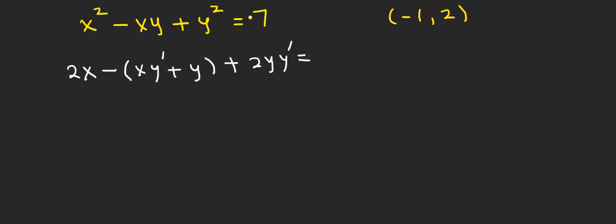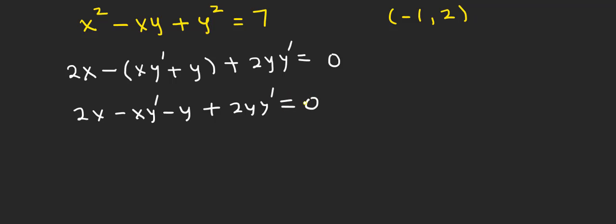equals, and what is the derivative of 7? That's just 0. So now we need to have y prime by itself. So you get 2x, distribute the negative, and let's have all the terms that have y prime on one side, all the others on the other side.